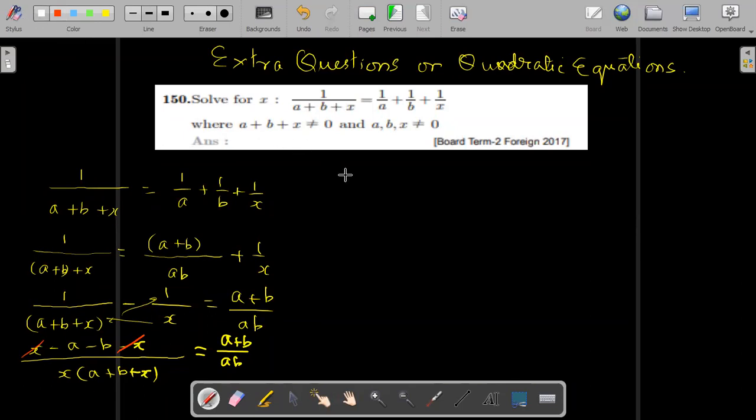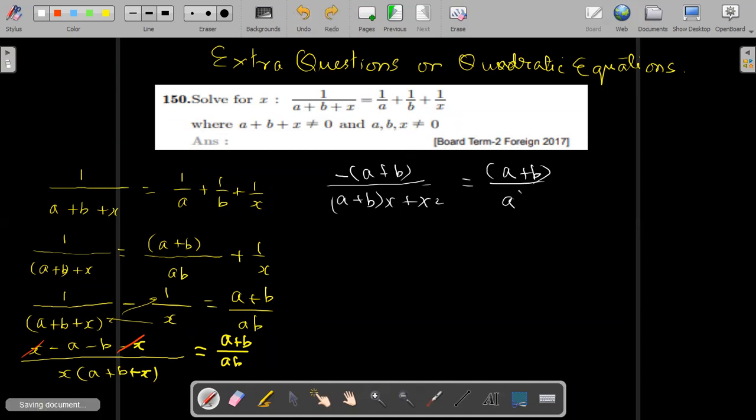So we get minus a minus b, you can take common, minus a plus b divided by x. Now you can multiply x inside, so a plus b into x plus x square is equal to a plus b upon ab.